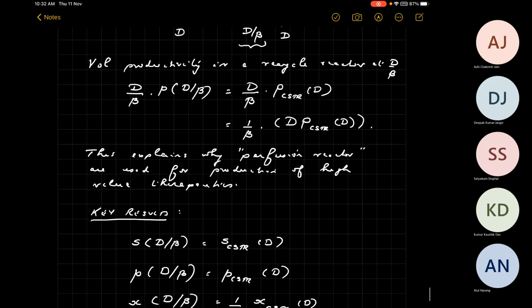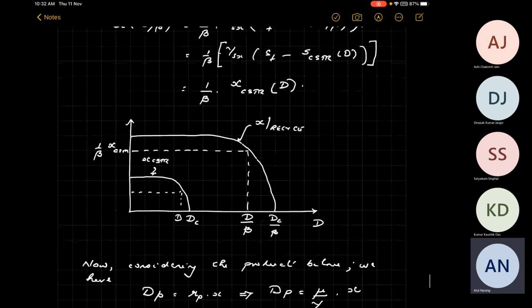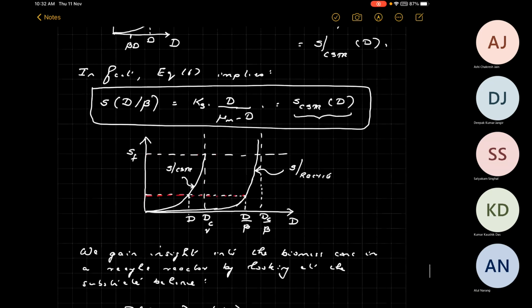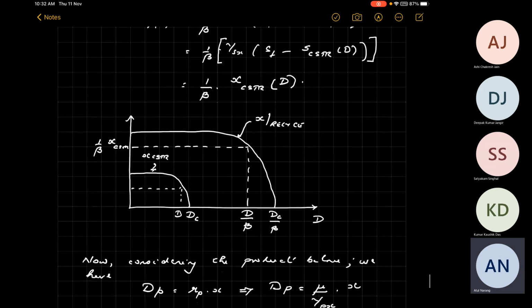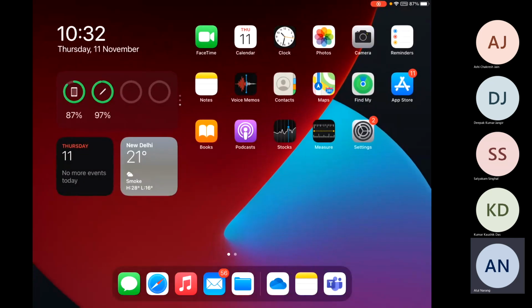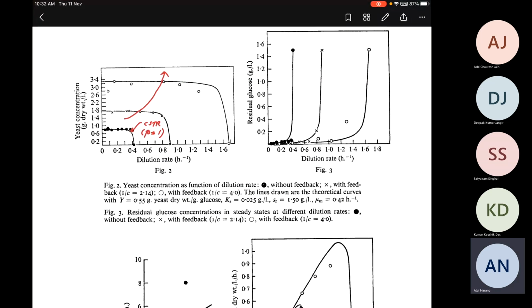You can compare this now with the graph that I drew. Sorry, that was biomass I was showing you. So this is the biomass concentration, and you can see that the graphs are very similar to the ones we drew.